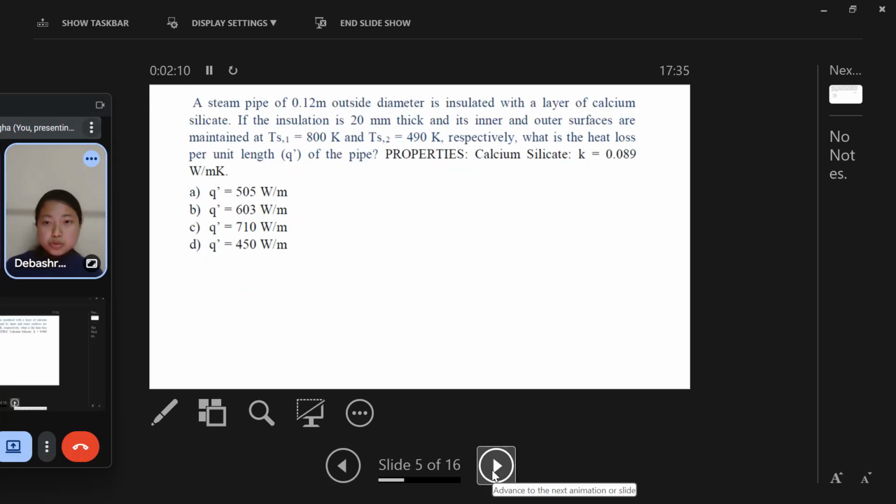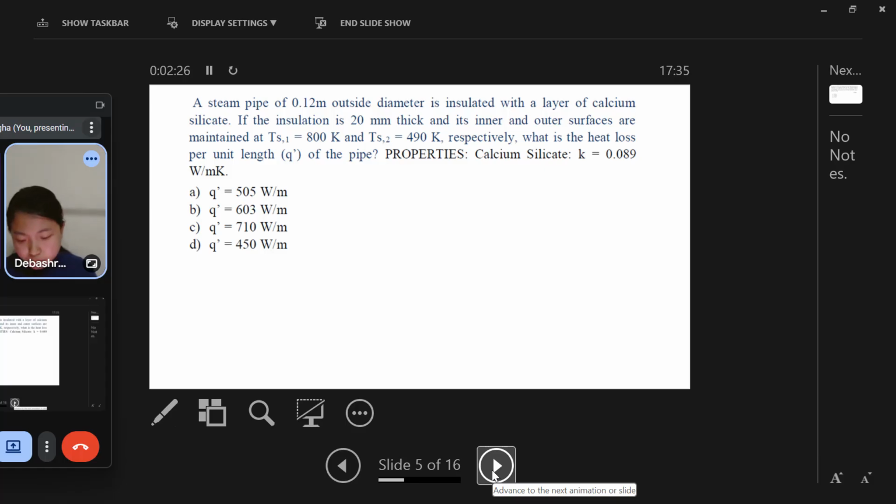Okay, so for the first problem, a steam pipe of 0.12 meter outside diameter is insulated with a layer of calcium silicate. What does it mean?